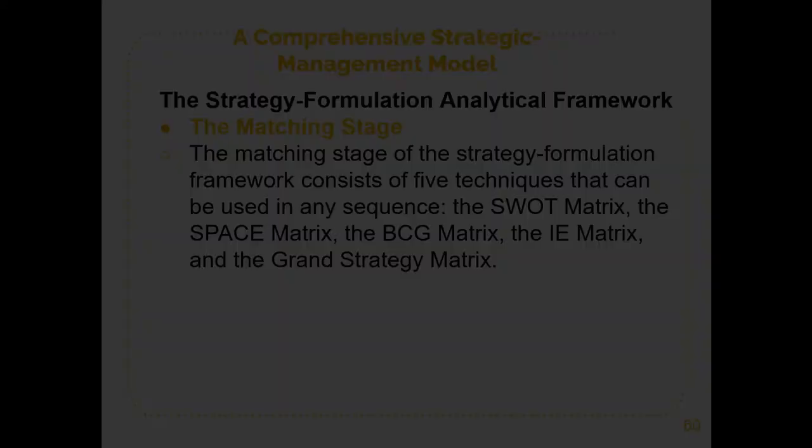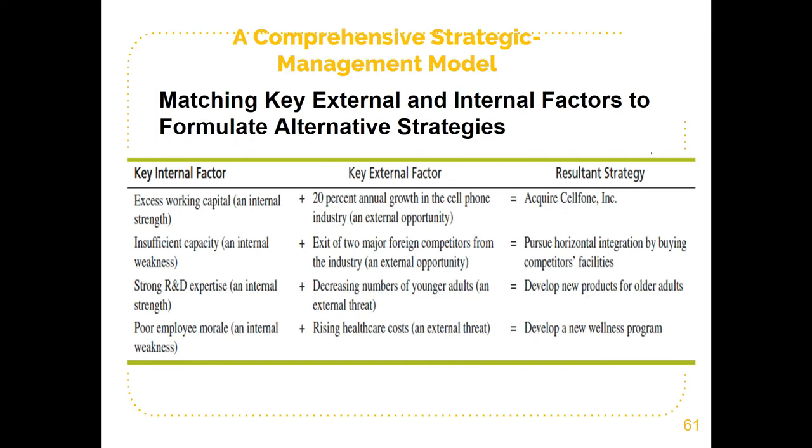Okay, for example, a firm with excess working capital, okay, an internal strength, could take advantage of the cell phone industry's 20% annual growth rate, okay, in this example. This is the external opportunity. How? By acquiring a cell phone firm.